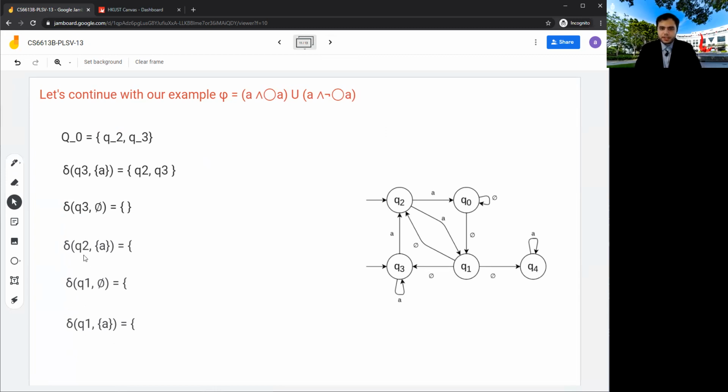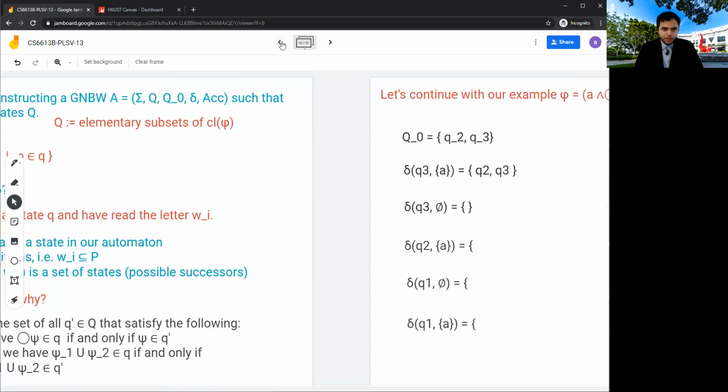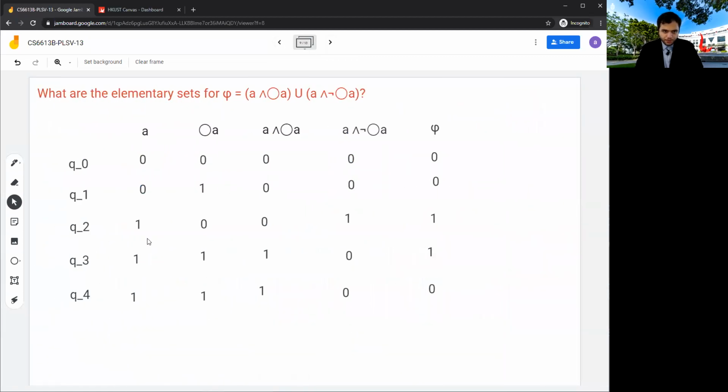So what happens if I'm at Q2 and the letter that I read is A? Okay, so I'm at Q2, I read A. I don't have next A, so that's okay. But I have phi. Because I have phi, either I should have this one here, which I do, or I should have the same phi in the next step.